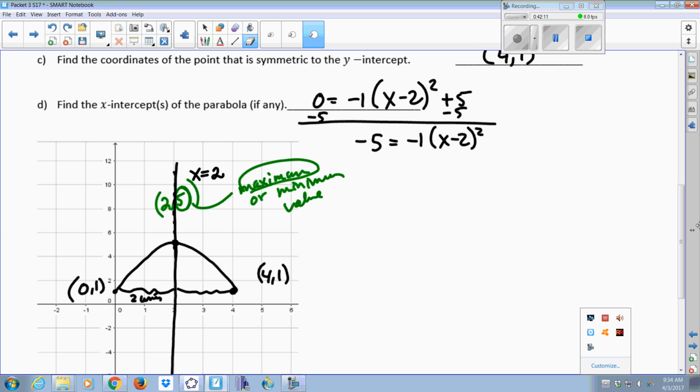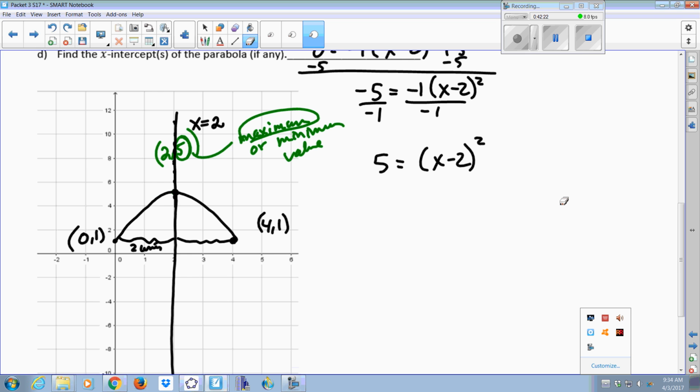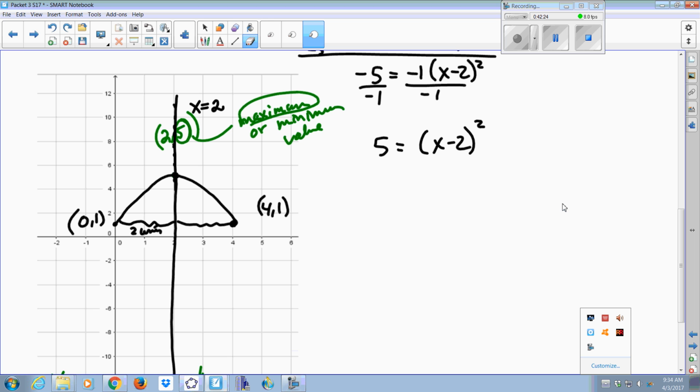Now, divide both sides by negative 1. 5 equals the quantity x minus 2 squared. You got something squared equals a constant, so you want to extract the roots by finding the square roots of both sides. Plus or minus the square root of 5 equals x minus 2. And now add 2 to both sides. And there are your 2 x-intercepts.